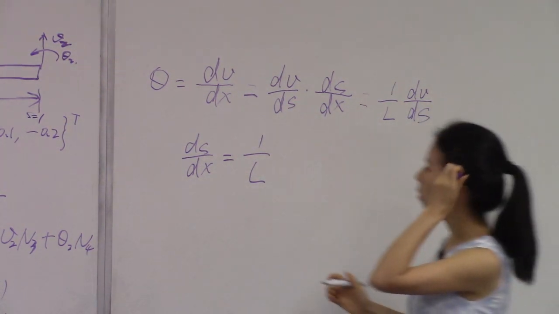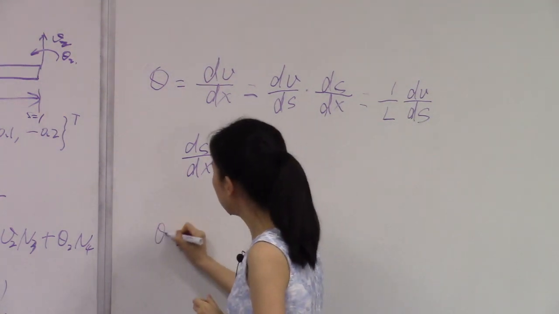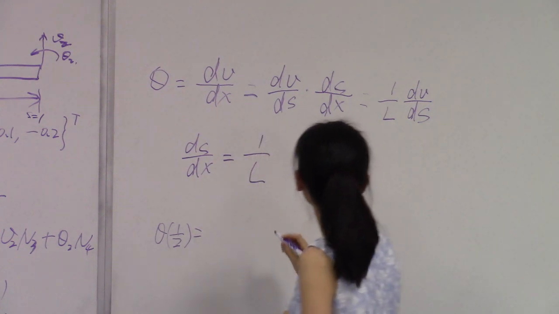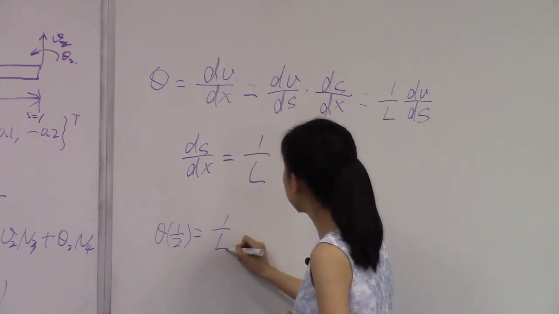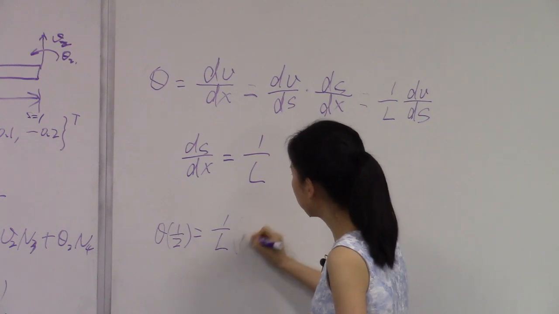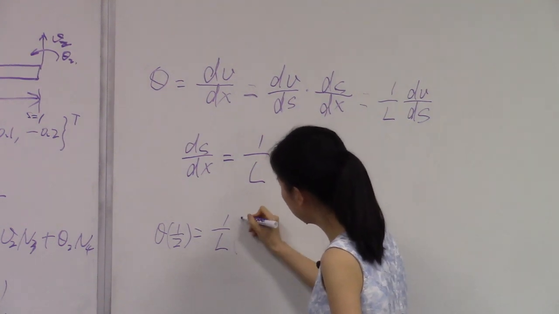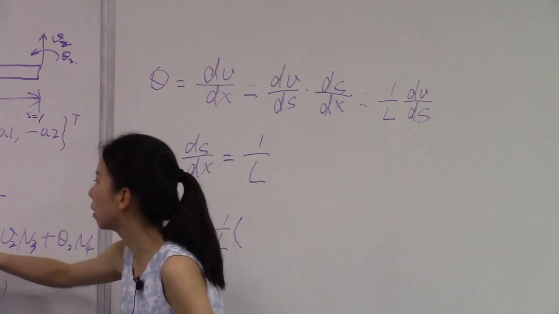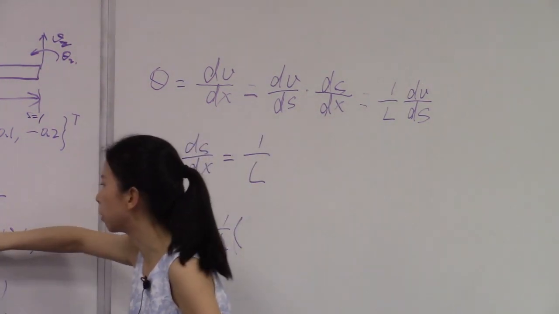For theta, when s equal to half, same as before, since V1 and theta 1 are 0, we can ignore these two parts.